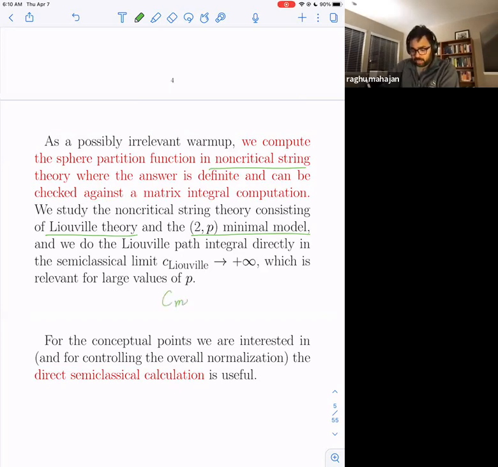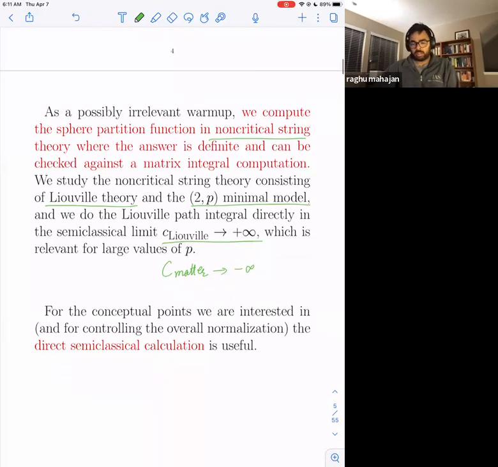So c matter is going to minus infinity. And because the Liouville central charge is going to plus infinity, the path integral of the Liouville field can be done by saddle point. So this is the approximation in which the saddle point approximation is good for the Liouville sector.